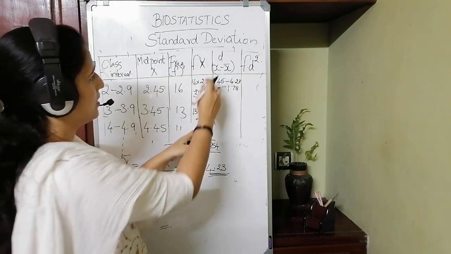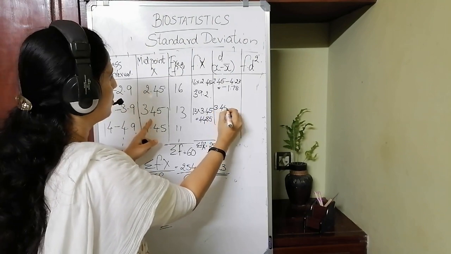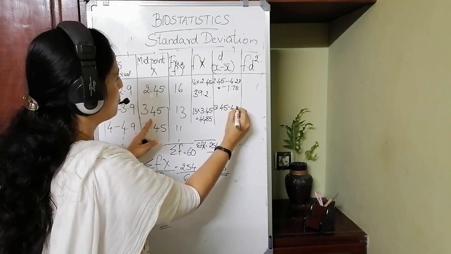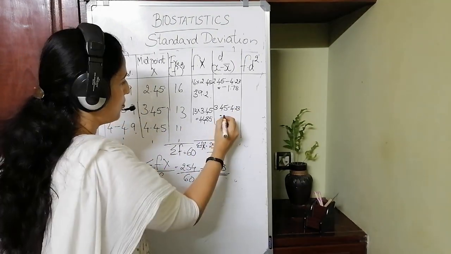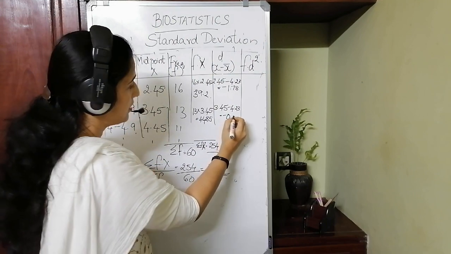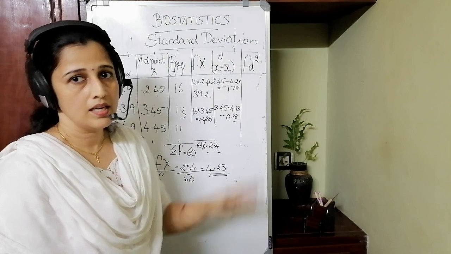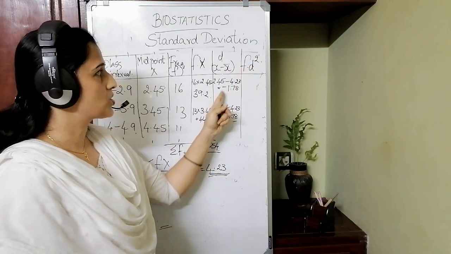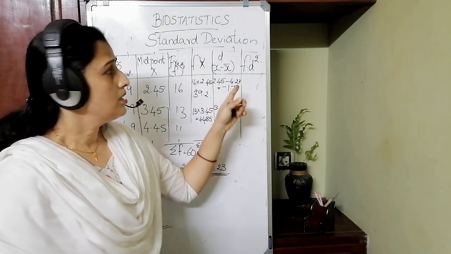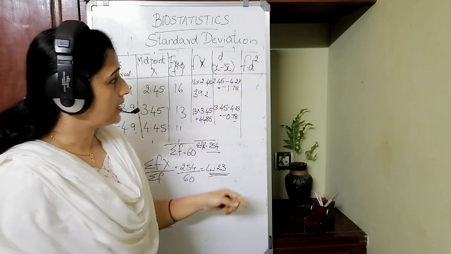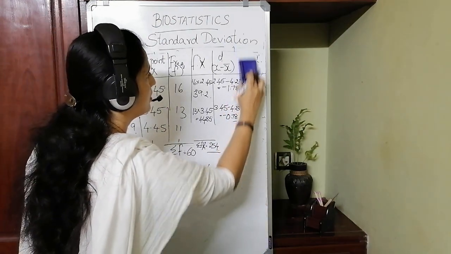Then here again x minus x bar, x is equal to 3.45 minus 4.23, that is equal to negative 0.78. Like this the table has to be completed. And the next column, f into d square, has to be calculated.